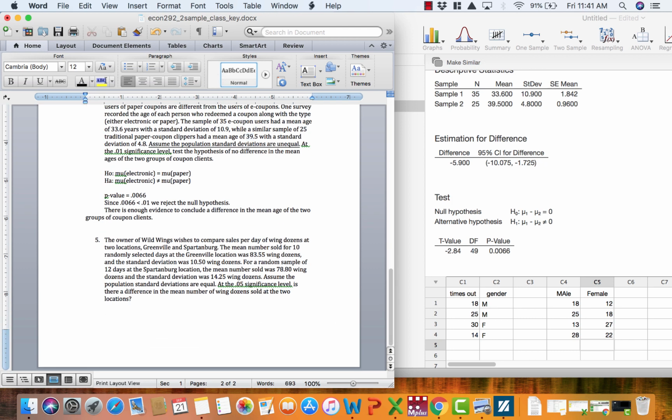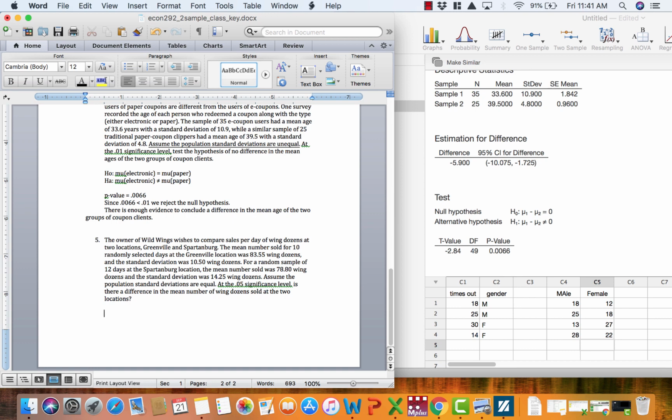All right, last problem. The owner of Wild Wings wishes to compare sales per day of wing dozens at two locations, Greenville and Spartanburg. The mean number sold for 10 randomly selected days at the Greenville location was 83.55 wing dozens, and the standard deviation was 10.5 wing dozens.